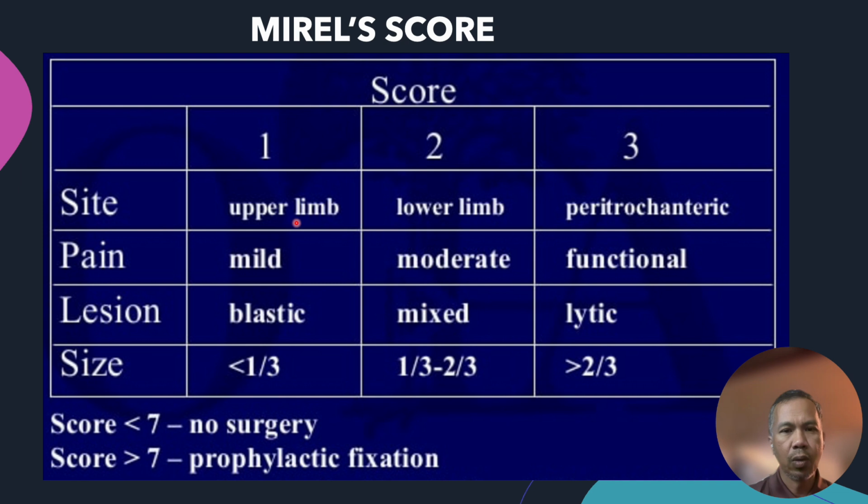Take note of the location, the site: upper limb, lower limb, peritrochanteric; the pain: mild, moderate, functional, etc. If you have a score of less than 7, usually we do not recommend surgery. Otherwise, if more than 7, we recommend prophylactic fixation.